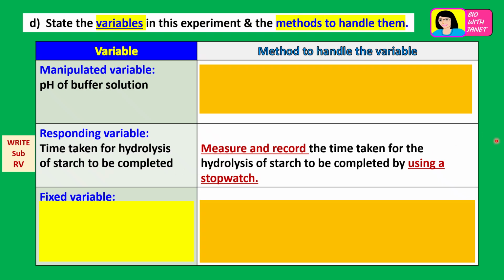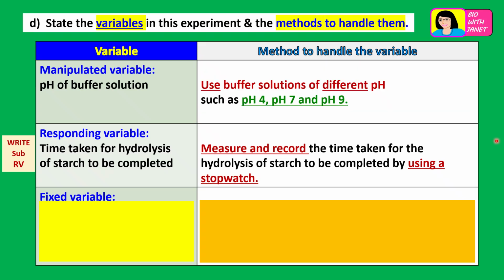Now, how are you going to explain the method to handle the variable? What are the keywords? Yes, measure and record, or weigh and record. The action and then record also. So measure and record the time taken for the hydrolysis of starch to be completed, and then you must add by using something, an apparatus. So by using a stopwatch. Measure and record RV by using a stopwatch.